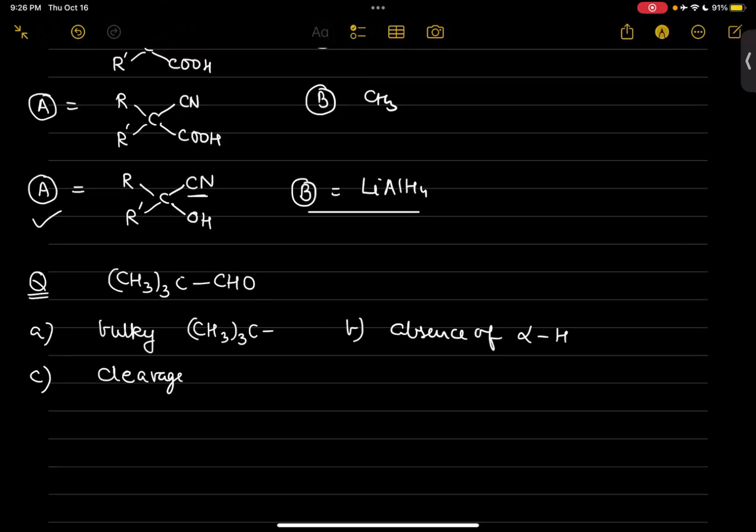Cleavage of bond taking place between the carbon and CHO. And option D, because of the three electron donating methyl groups, they are groups which exert plus I effect.